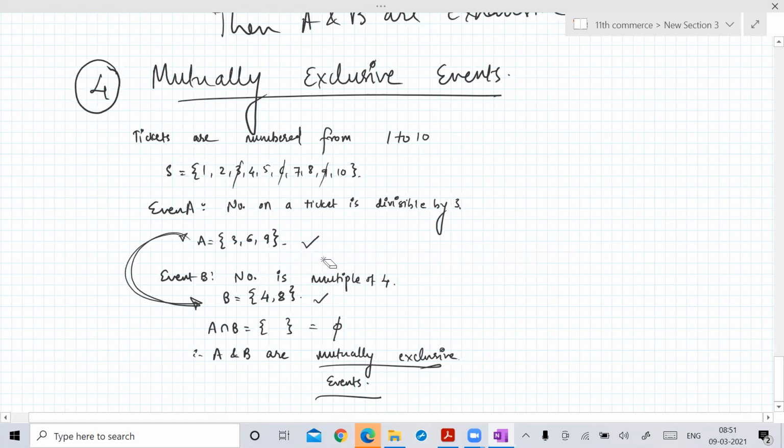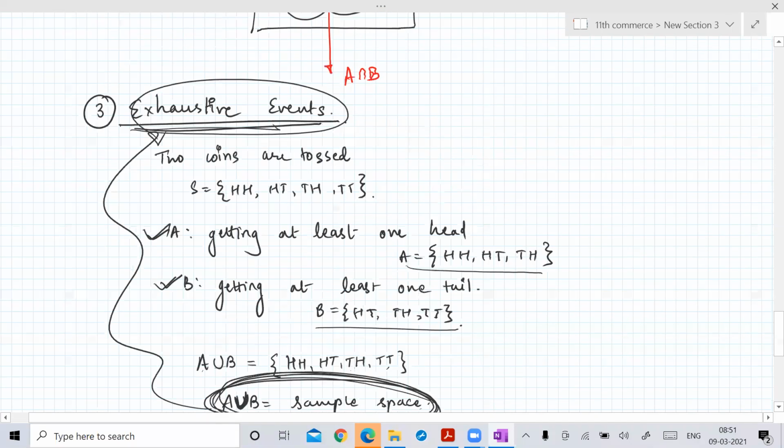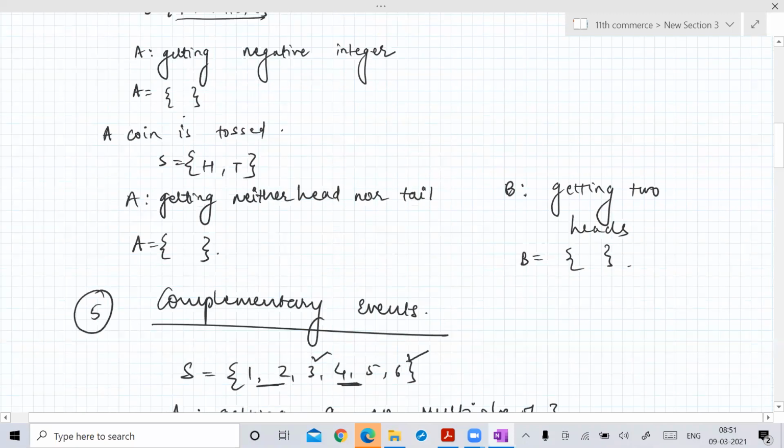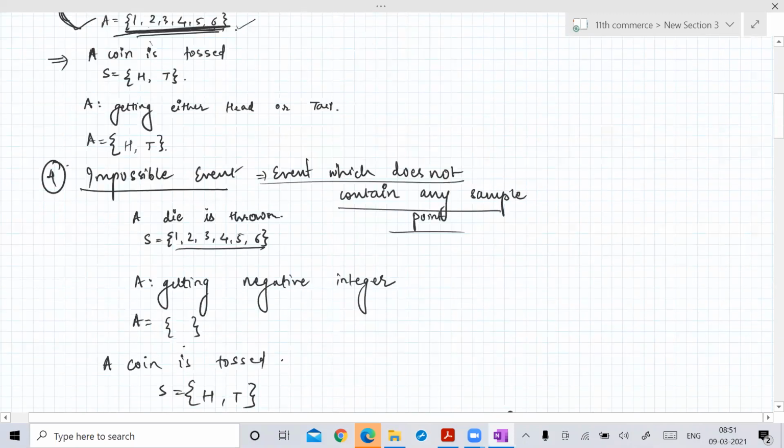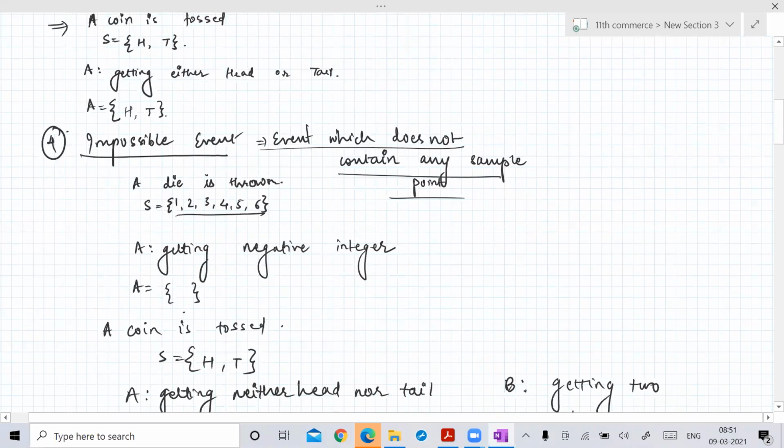Okay. So for mutually exclusive also I need two events. Otherwise we also got an empty set in impossible events. But that was based on only one event. That was not based on two events.